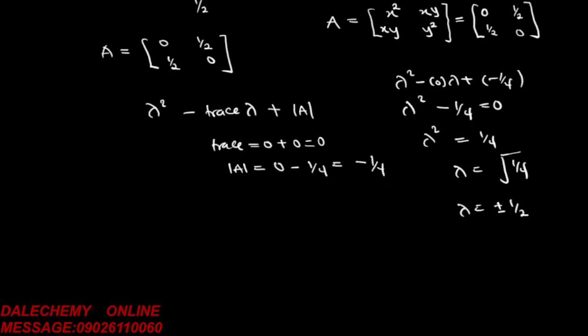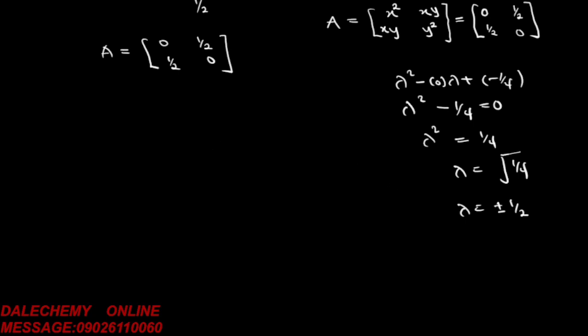Now we have to get our eigenvector. So I'm going to come back here using the equation A minus lambda I times the eigenvector to give 0. When you put that A here minus lambda I, lambda times the identity matrix will give you lambda 0 0 lambda.